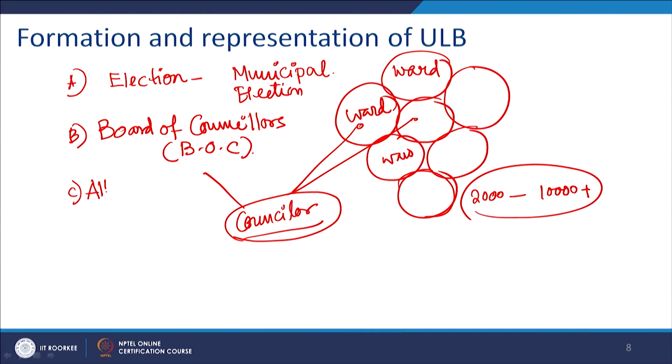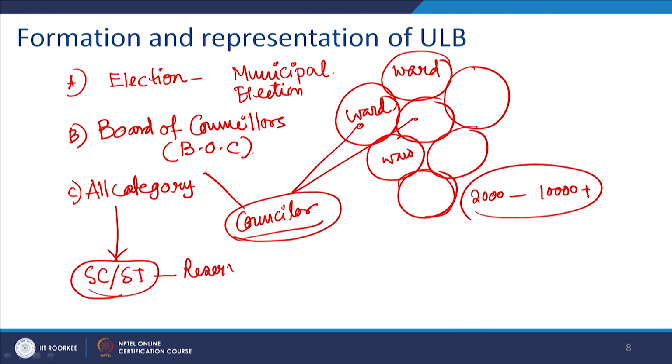Not only that, in this election it is also mandated that there will be representation of all categories of people. For example, the SC/ST population existing in the urban local body will be represented proportionately through a system of reservation. If there are 30% or 40% SC/ST population, there will be reservation of 30 to 40% of the wards for SC and ST councillors.